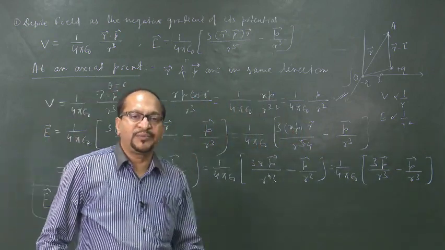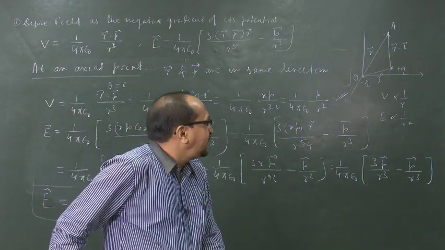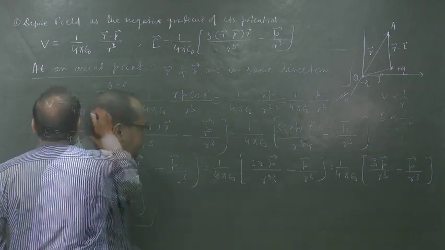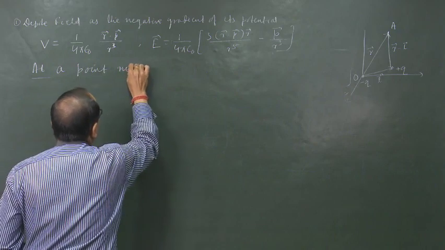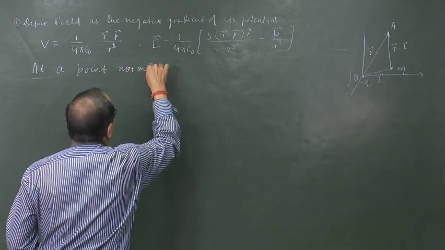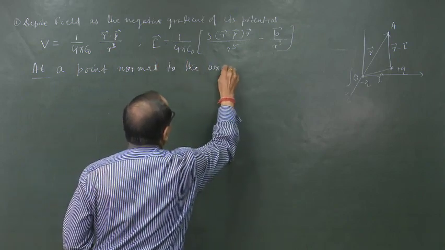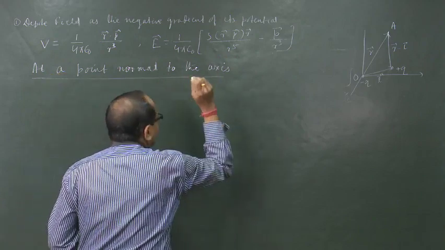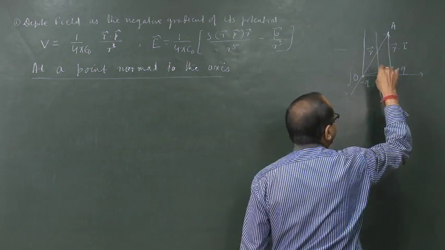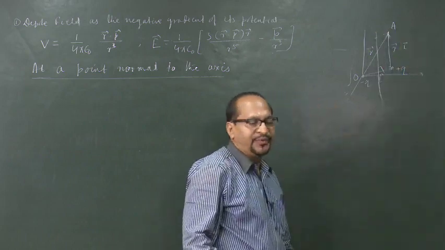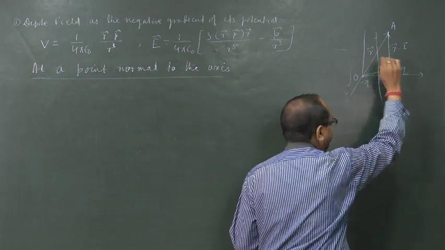Let us find out field and potential of the dipole at an equatorial point, I mean at a point normal to its axis. Okay. In this case, if our point A lies on the normal to the axis, that is an equatorial point, the angle between P and R becomes 90 degree.